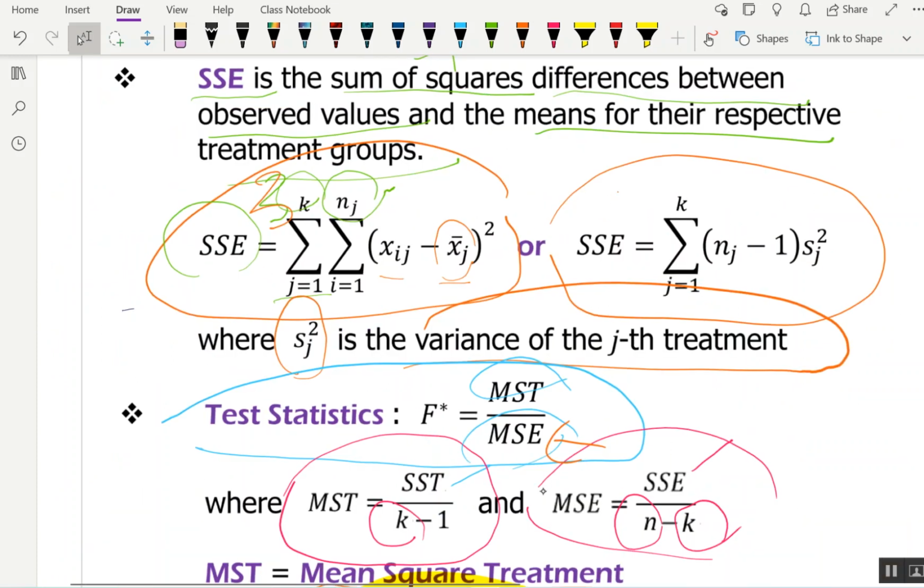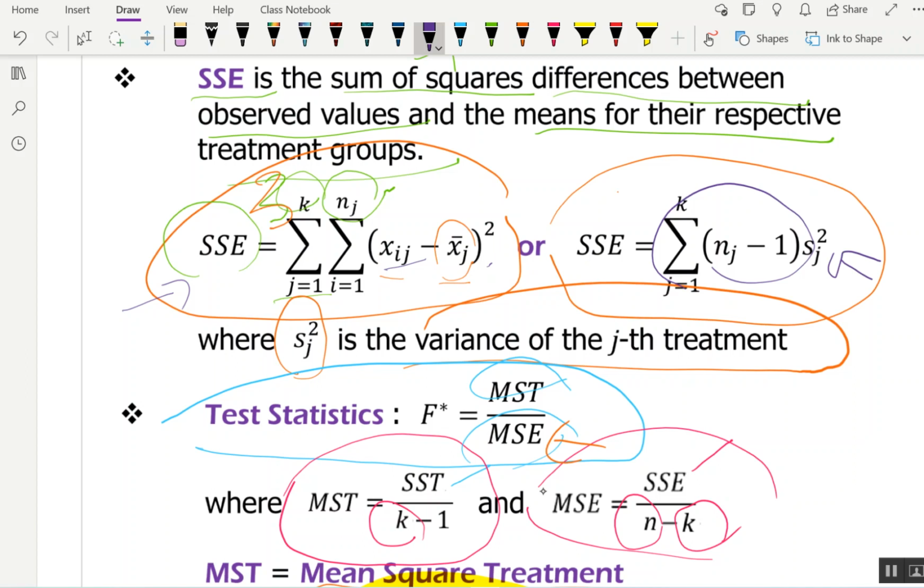So it's kind of just the same thing. Why am I saying this? You can look here that either you use your x for each of the groups minus the mean, or you can take your total observations and you times with your variances.